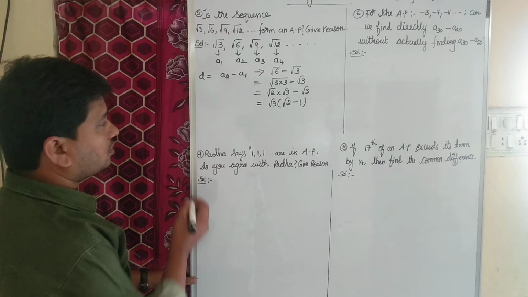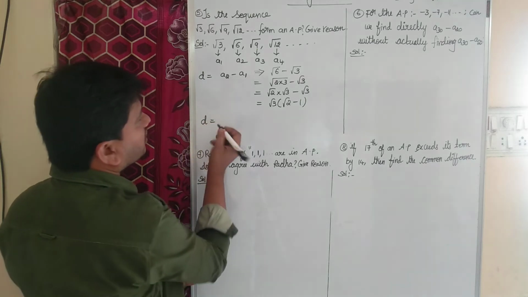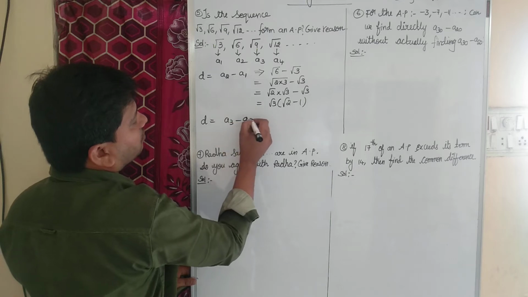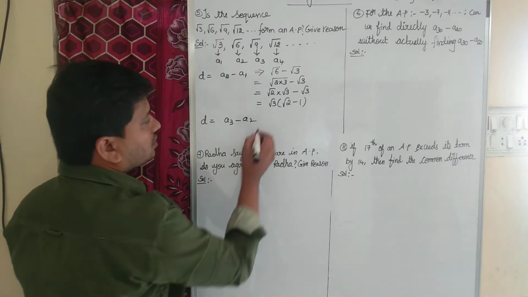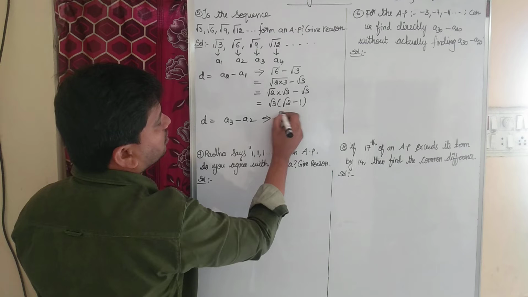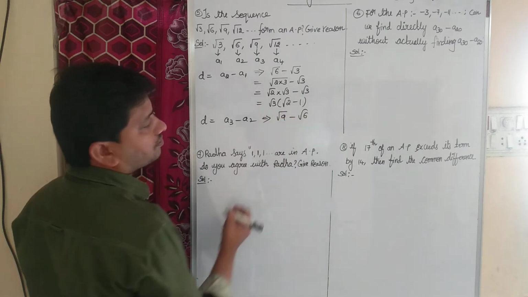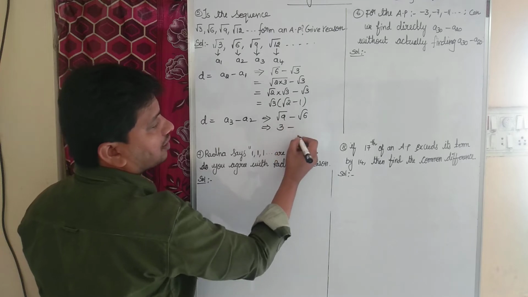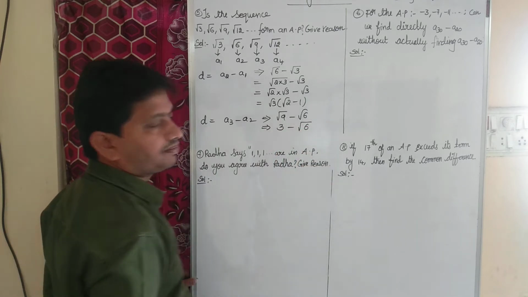Also we have another formula, common difference D equal to A3 minus A2. So what is A3? Which implies root 9 minus root 6. What do you mean by root 9, children? Root 9 is 3, minus root 6.